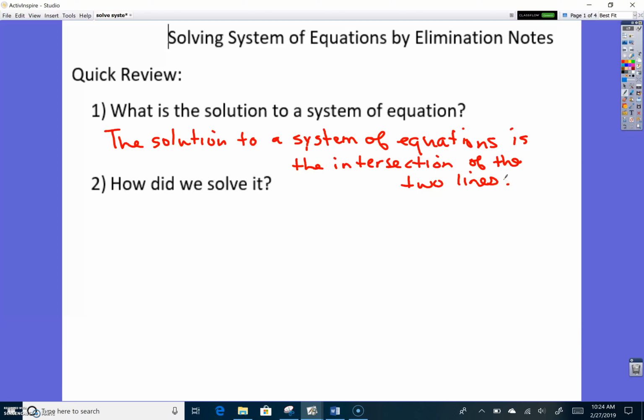How do you solve it? Most of the time, the way we teach you to solve it is you can graph it and find the intersection. But today, we're going to teach you without graphing it.